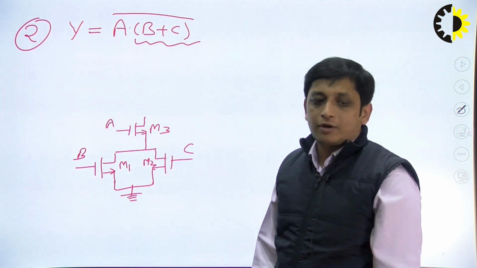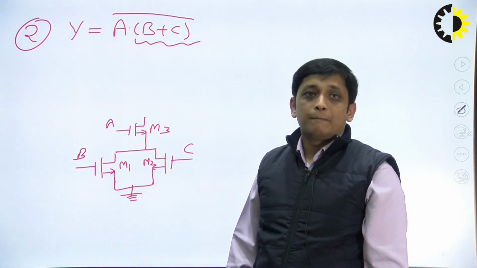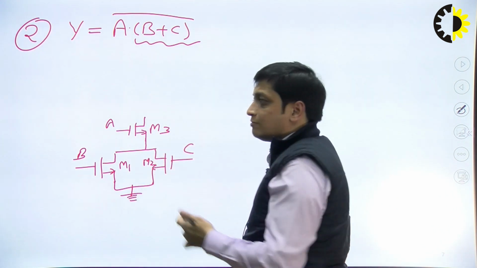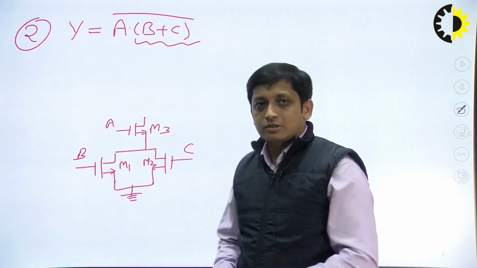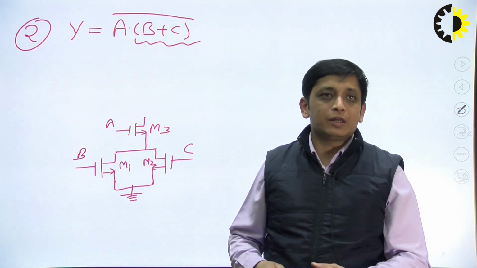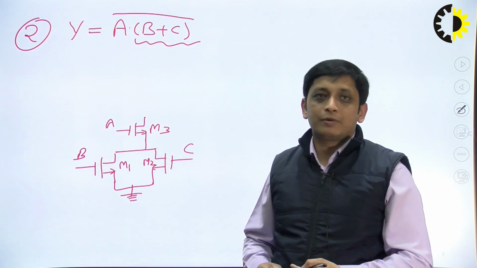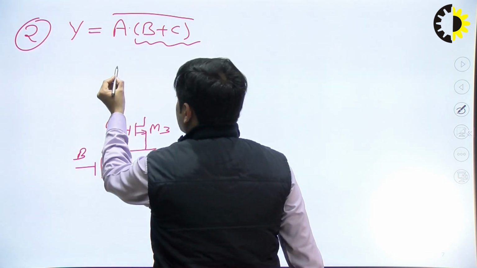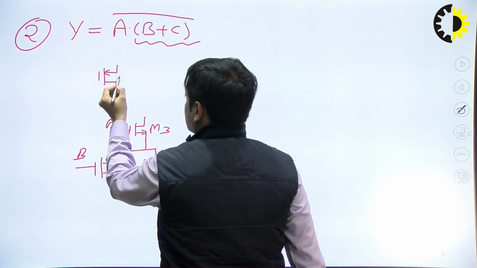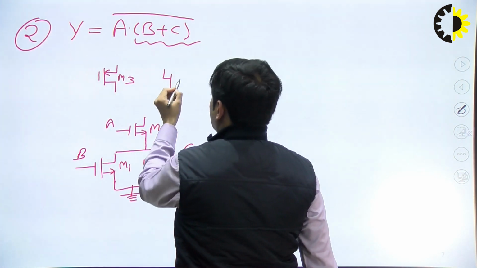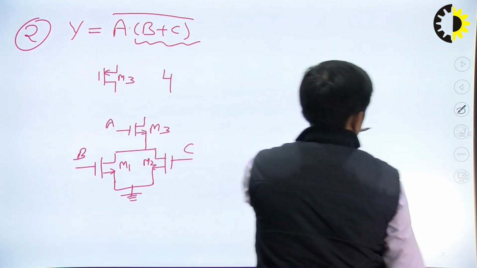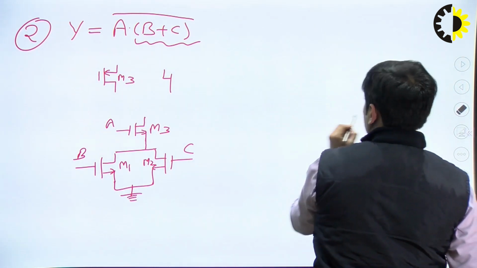Now another network which we need to draw is the pull up network, that will consist of PMOS. So just the opposite will happen. Here M1 and M2 transistors are in parallel, and in the pull up network they will be in series. So let's say 2 PMOS transistors, this is M3, no, not M3, it's not correct, we can take it as M4.